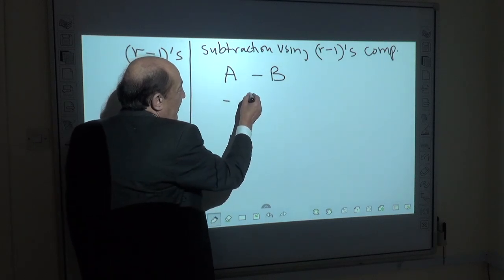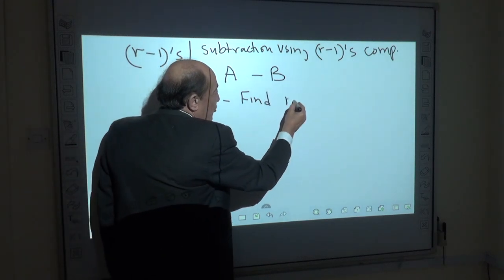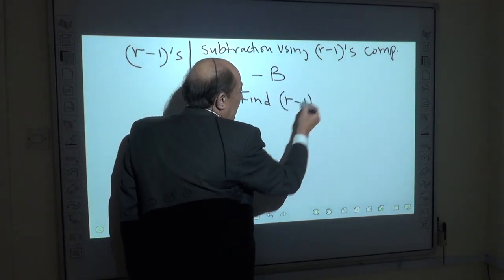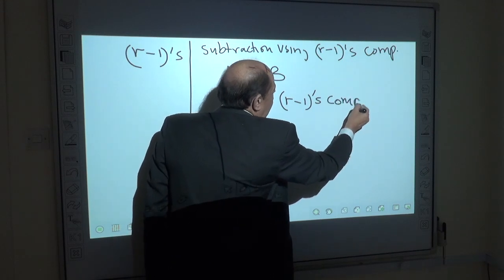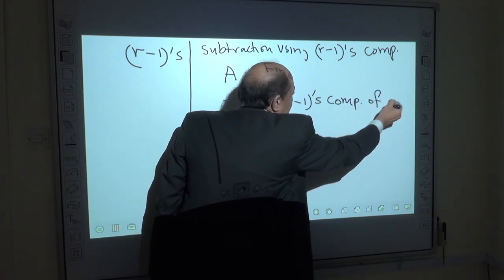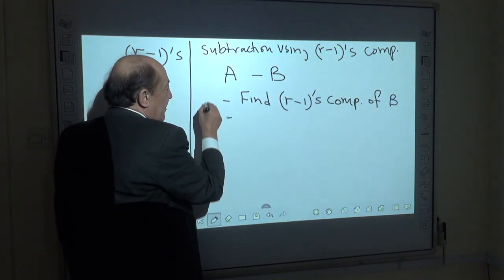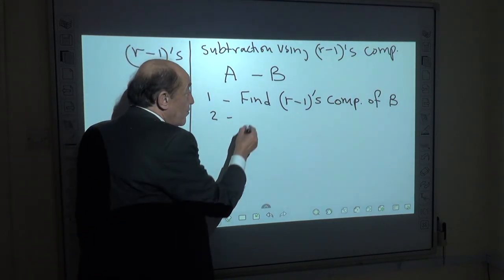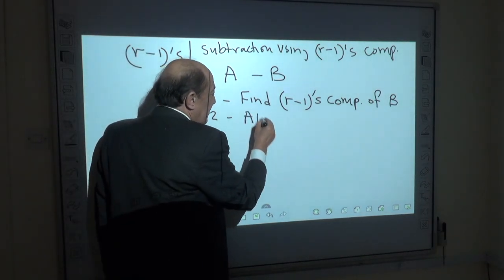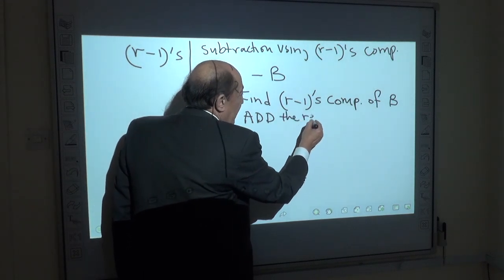First, we find R minus 1's complement of the number B. This is the first step. The second step, add the result in step 1 to A.